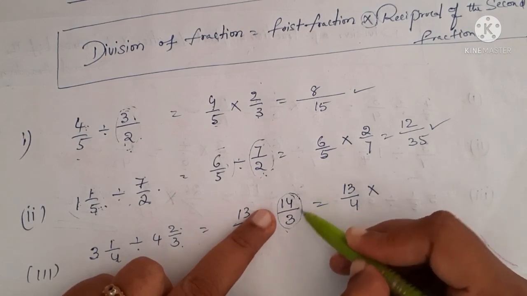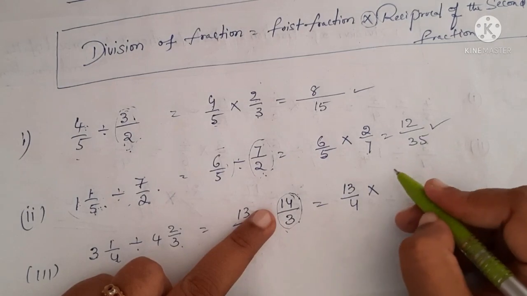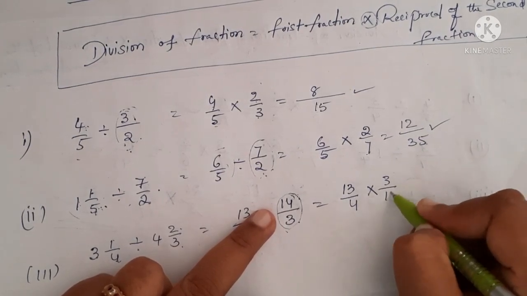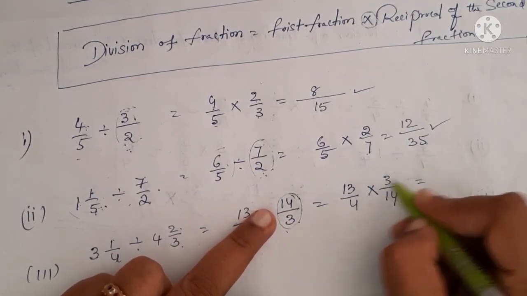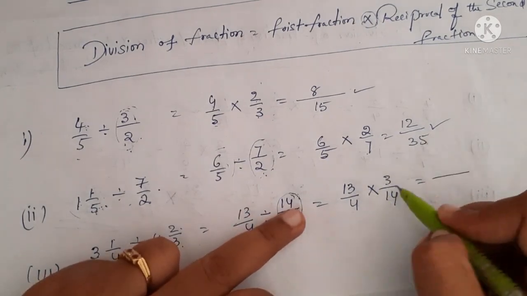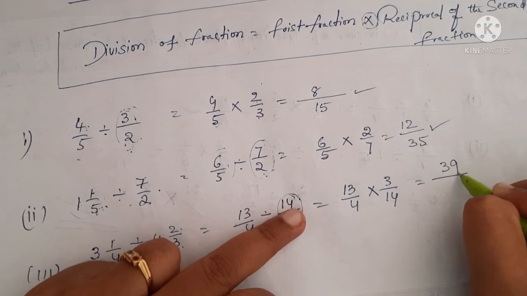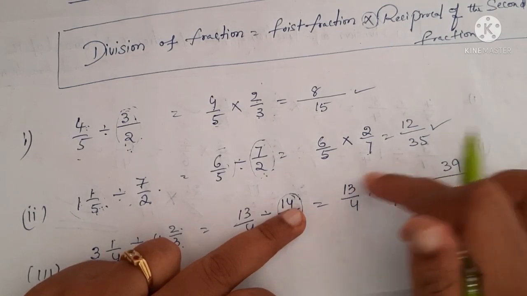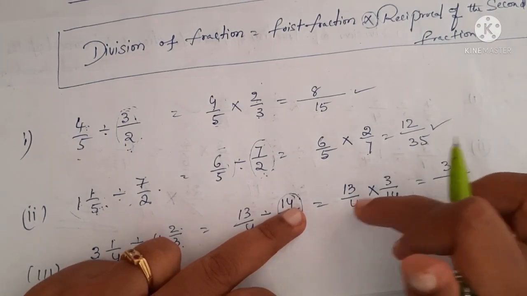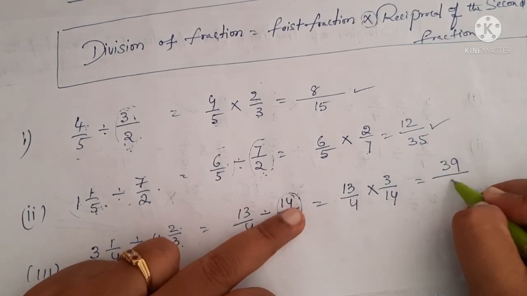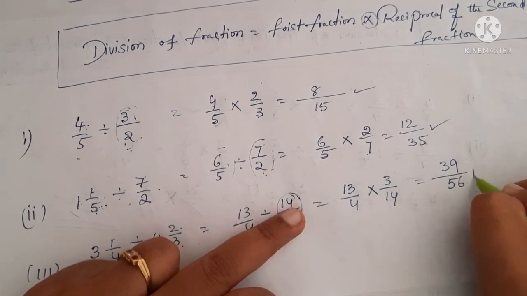What is the reciprocal of the second fraction? We know that it is 3 by 14. Now multiply these fractions, numerators and denominators. 3 into 13 you will get 39. 4 into 14 you will get 56. This is the answer.